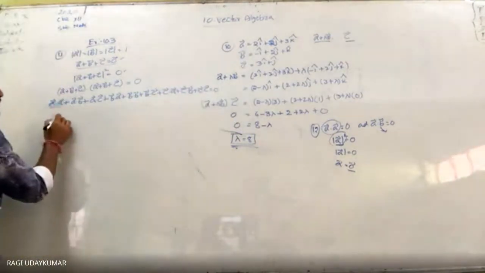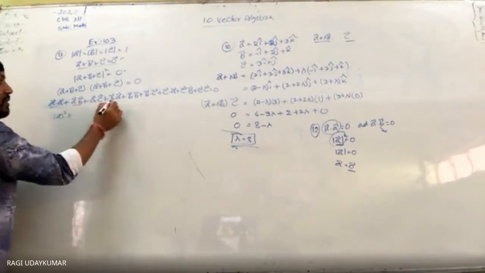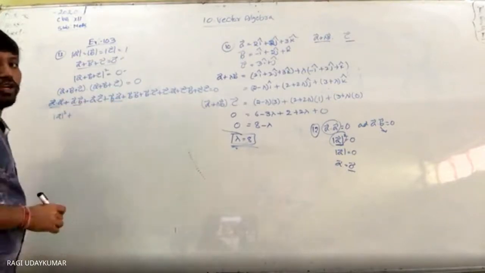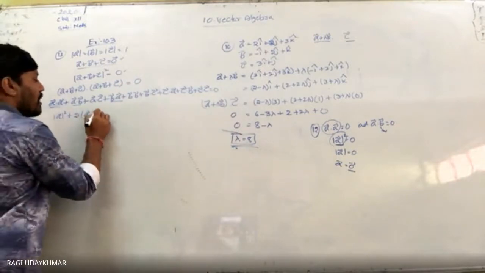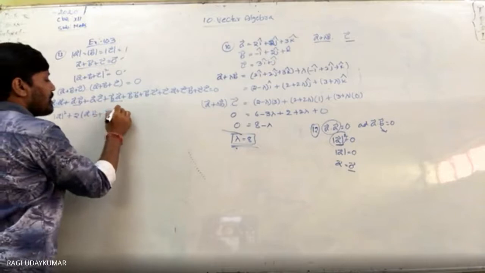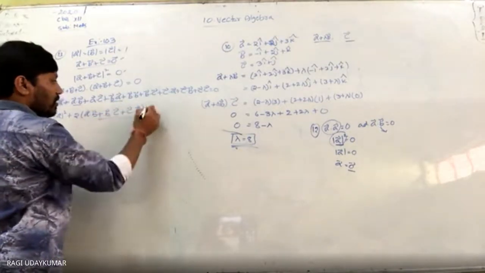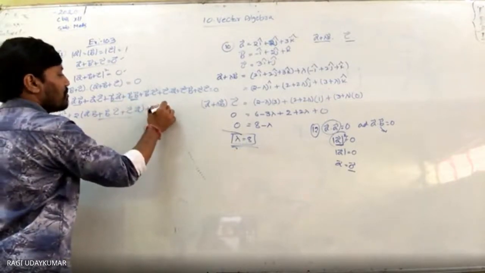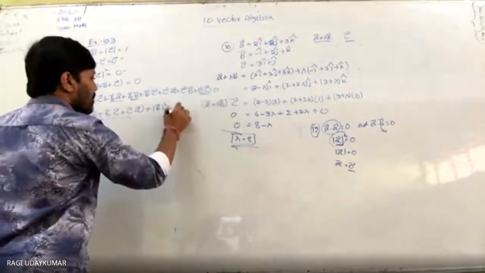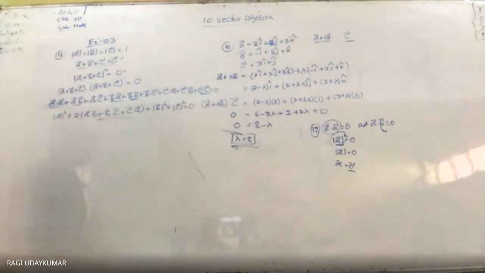This can be written as magnitude of a bar squared, and these are the same by the commutative property of the dot product. So 2 times a bar dot b bar, b bar dot c bar, c bar dot a bar, plus b bar dot b bar written as magnitude of b bar squared, and c bar dot c bar written as magnitude of c bar squared is equal to 0.